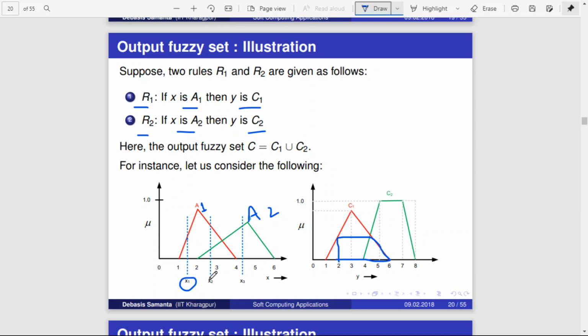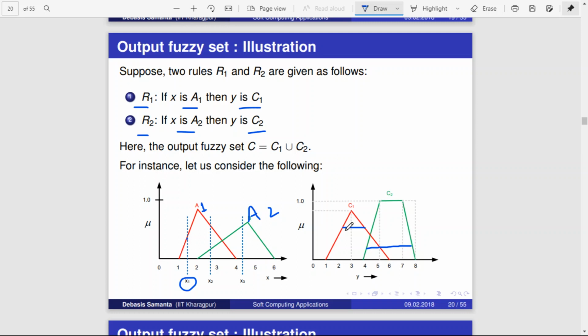When X is X2, it is cutting both A1 and A2. So it is intersecting A1 and it is also intersecting A2. In A1 it is intersecting here, so if you draw a parallel line, it will be something like this. In A2 it is intersecting here, so if you draw a parallel line, it will be something like this.